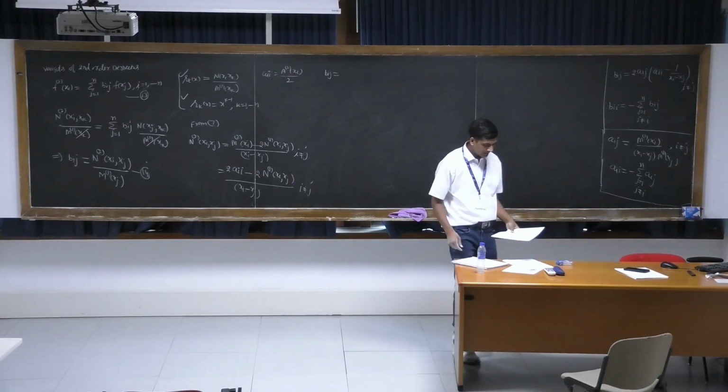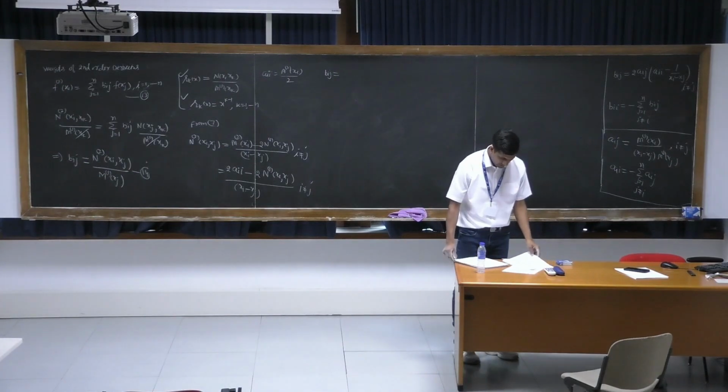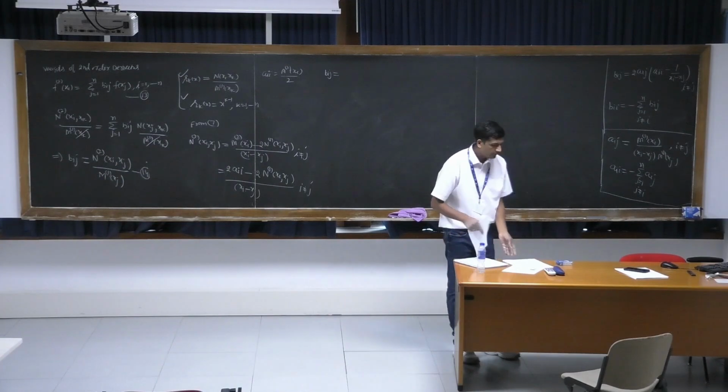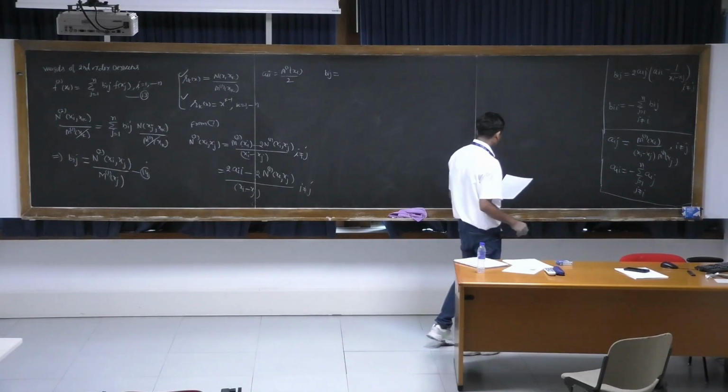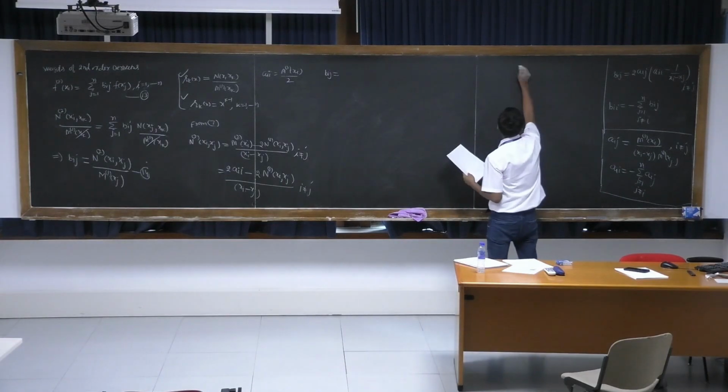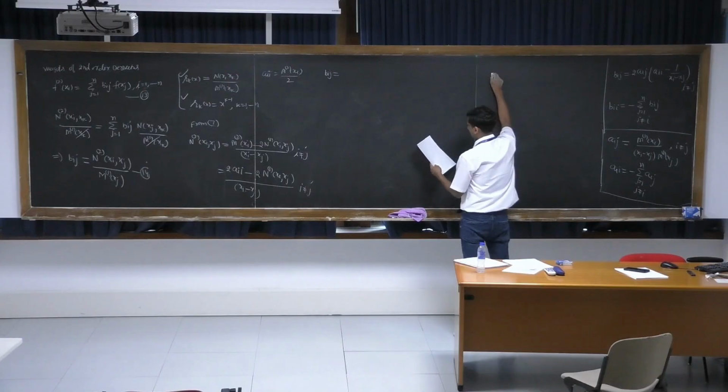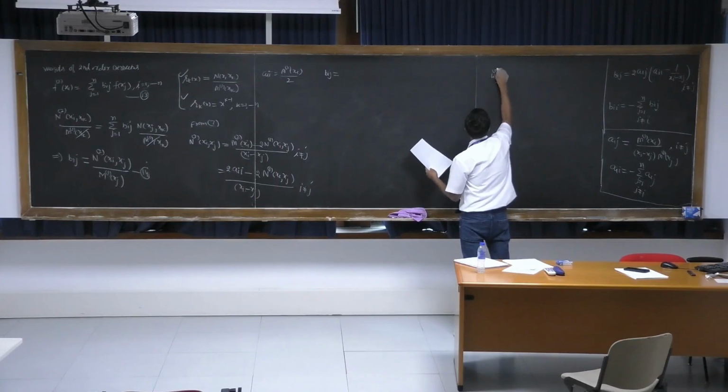So if we have Aij, then it is easy to compute Bij also. Similarly, you can go for the higher order. So I am writing the weight coefficient of mth order. If I say Wij of m, I mean the weights of the mth order derivative.